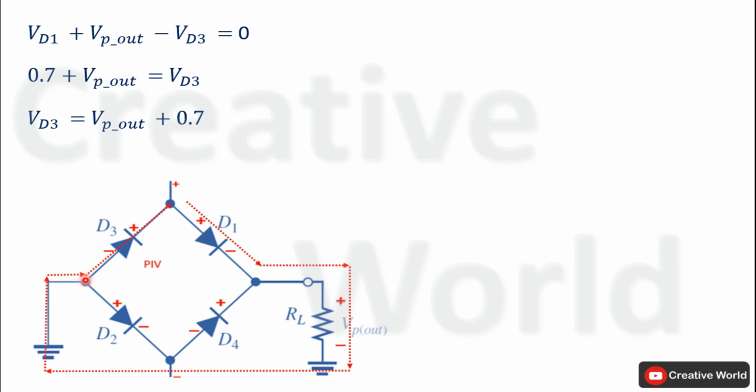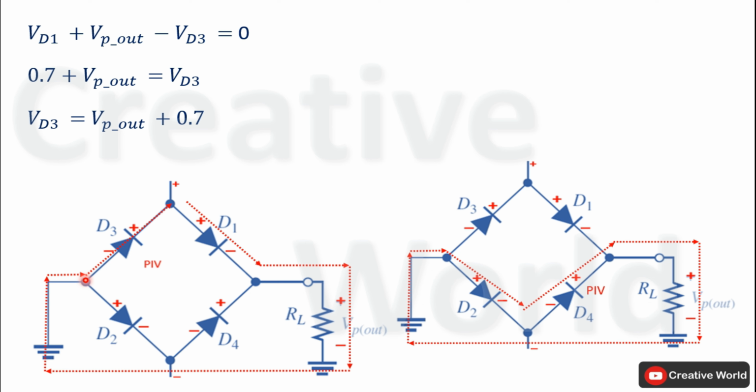And the direction of current will be in clockwise direction. Now write KVL equation for this closed loop. Start from here. Current entering terminal is positive, so voltage across this diode D2 will be taken with positive sign. Next, current entering terminal is negative, so voltage across this diode D4 will be taken with negative sign.